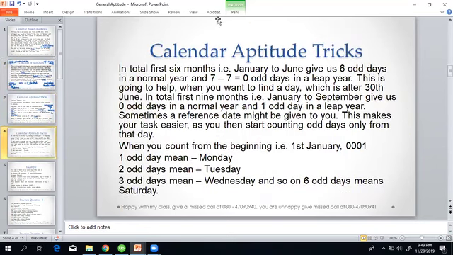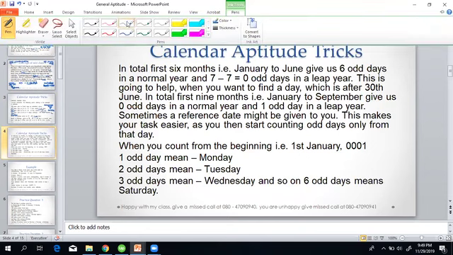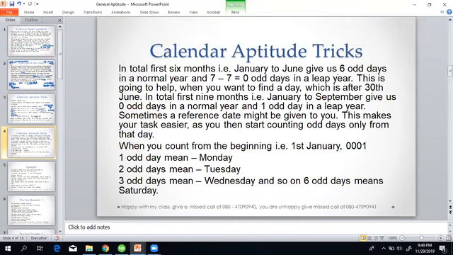Now, there are some tricks to solve this question. The total first 6 months, that is January to June, gives us 6 odd days in a normal year, and 0 odd days in a leap year, because February has 29 days in that.